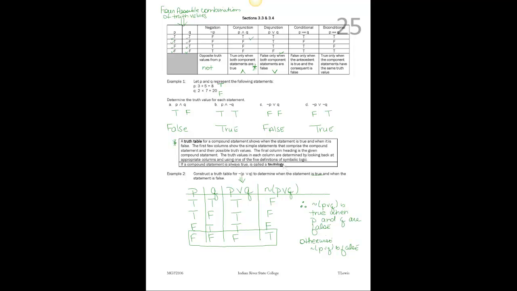So for this particular truth table, it is true when P and Q are false, and otherwise the truth table ends in a false statement. Now, the last definition I want to talk about here, I'm going to put an arrow to it and underline it, is the word tautology. It says if a compound statement is always true, it's a tautology.